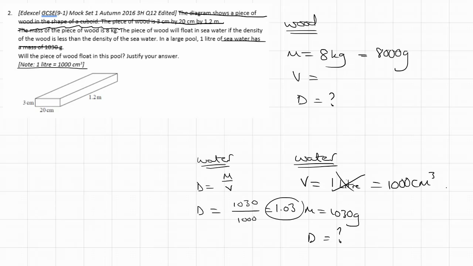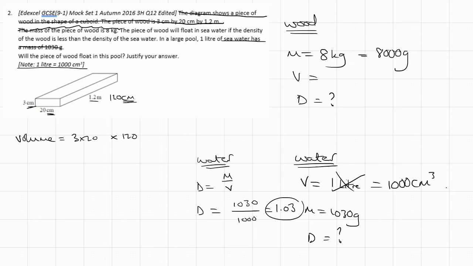We're going to have to check if that's a larger value or the smaller value of our piece of wood. Thing they've tried to trick you with here, 1.2 meters, that's 120 centimeters. You need to make sure your units are constantly consistent, otherwise your calculations just don't work. So the volume of this, we do 3 times 20, and then we times it by the length.